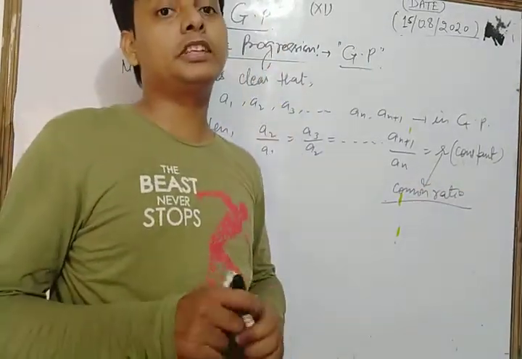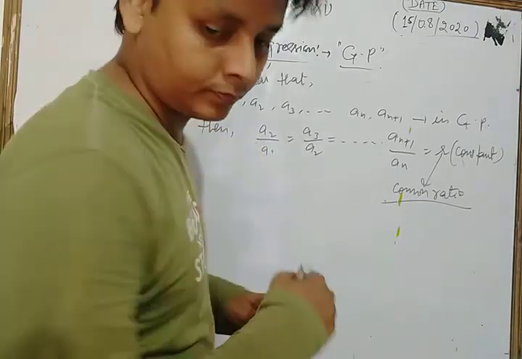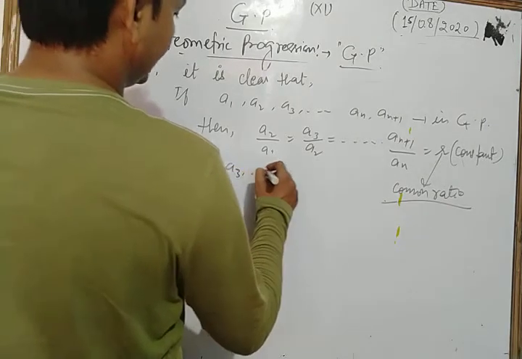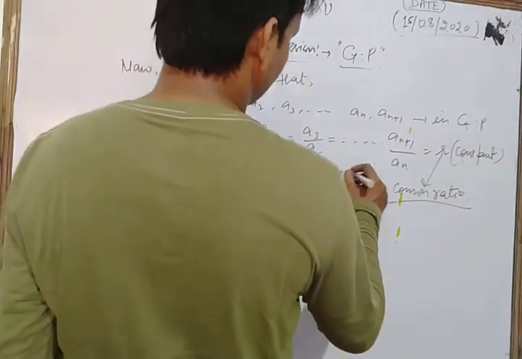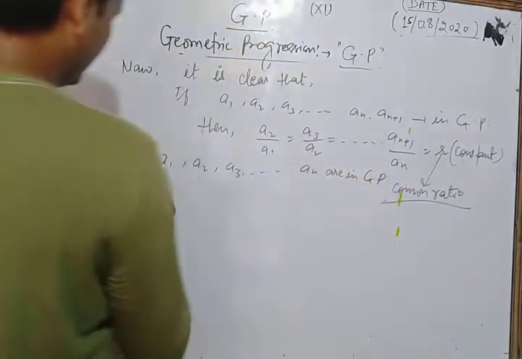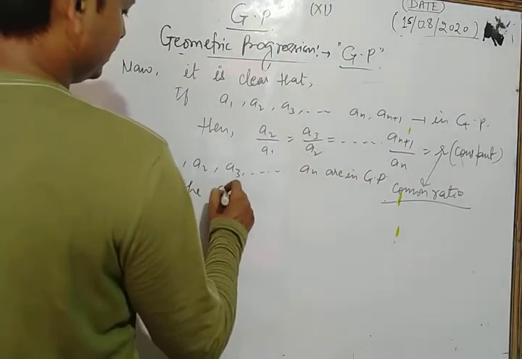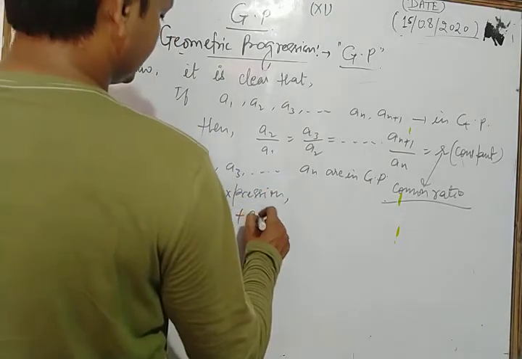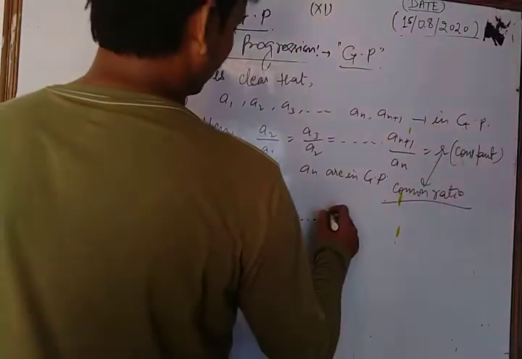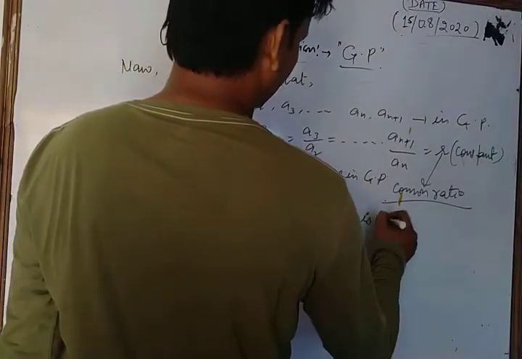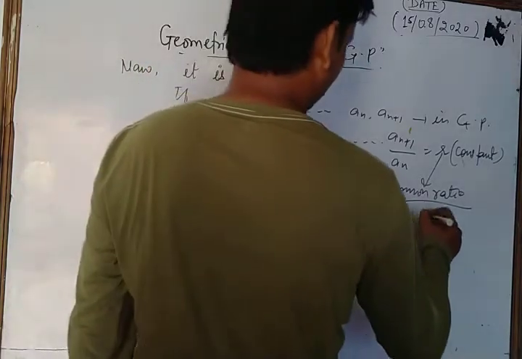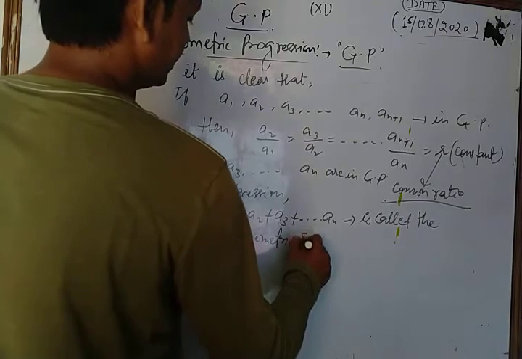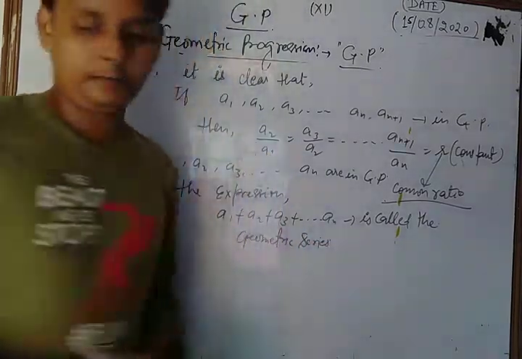Now we discuss geometric series. What is a geometric series? If A1, A2, A3 and so on, An are in GP, in geometric progression, then the expression A1 plus A2 plus A3 plus and so on, An is called the geometric series.